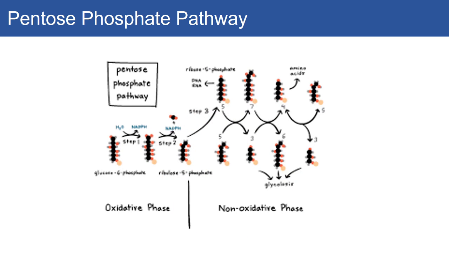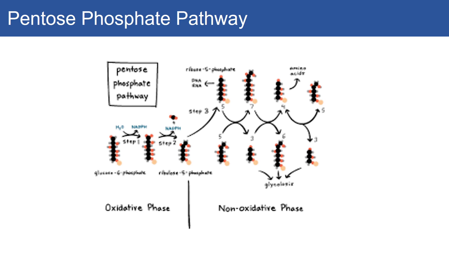All right. There are two distinct phases of the pentose phosphate shunt. This is not a great resolution picture, but hopefully you get the idea. There's an oxidative phase and a non-oxidative phase. In the initial oxidative phase, we generate NADPH, and in the second non-oxidative stage, we generate the 5-carbon sugar.